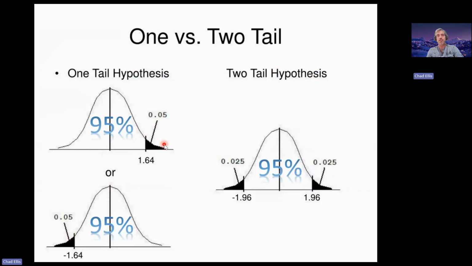We could also split that 5% rejection area in half and put it on both tails, being a two-tailed test. So you can see that the non-rejection area of the curve is still 95% for all of these examples, but it's just the position that we put the rejection area in compared to the non-rejection area.